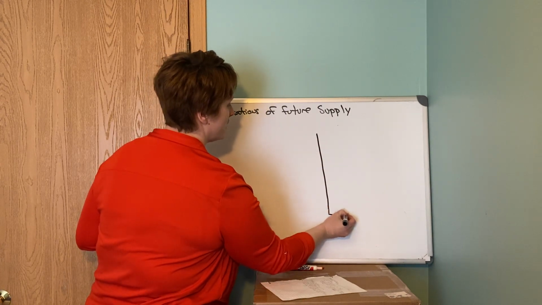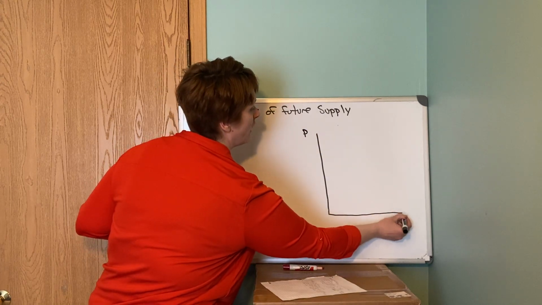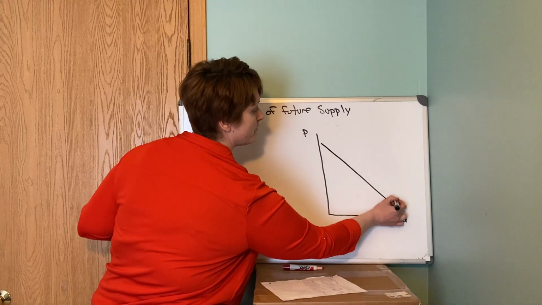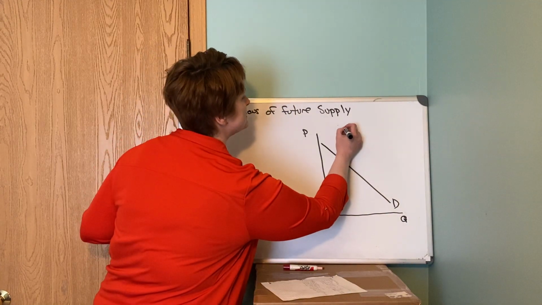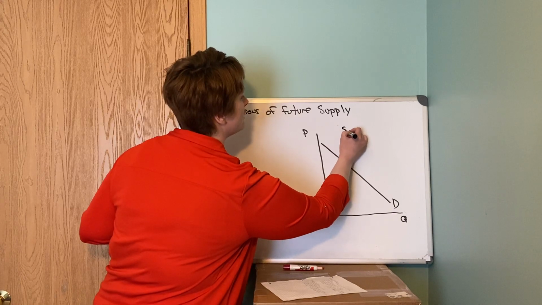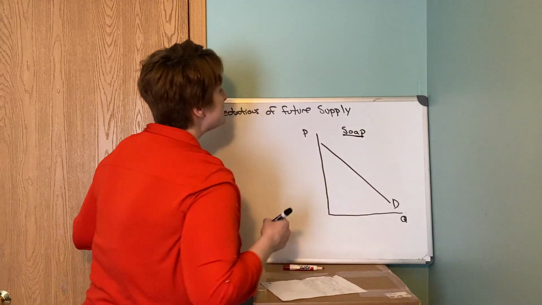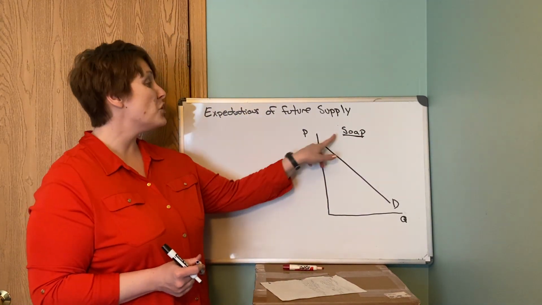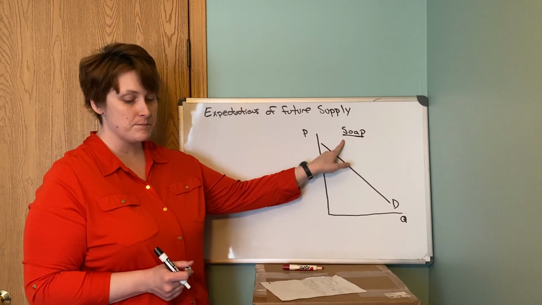Let's say we have a market, price on the vertical, quantity on the horizontal, downward sloping demand curve. And let's look at the market for soap. This is an interesting one right now. Since we are currently in the midst of a pandemic, soap just got a whole lot more scarce, right?